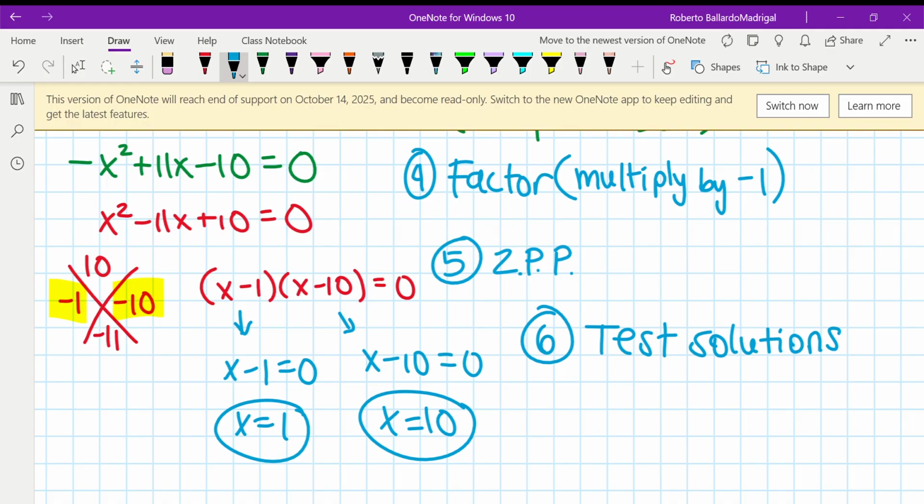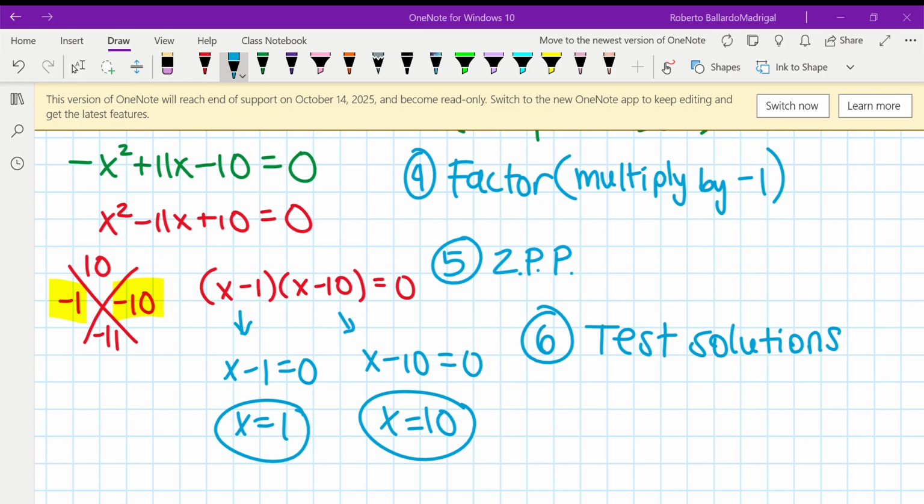I know you guys remember a little bit about that. We talked about extraneous solutions, meaning when you solve it, you get a solution, but when you plug it in, it's not a true statement. And so oftentimes you'll run into that. That's why it's important to test your solution. If you plug it in and you notice that it's not working, then that means that it's an extraneous solution, and then we don't want to use it. We just want to use the ones that actually give us an answer.